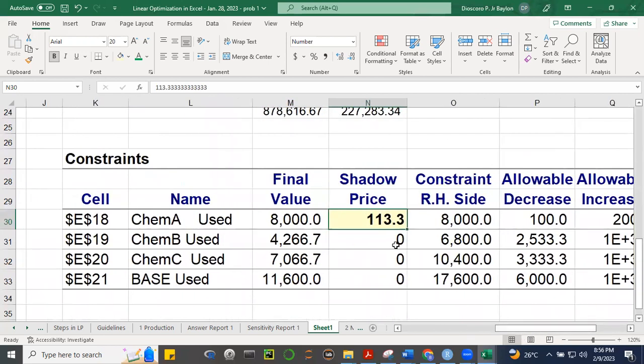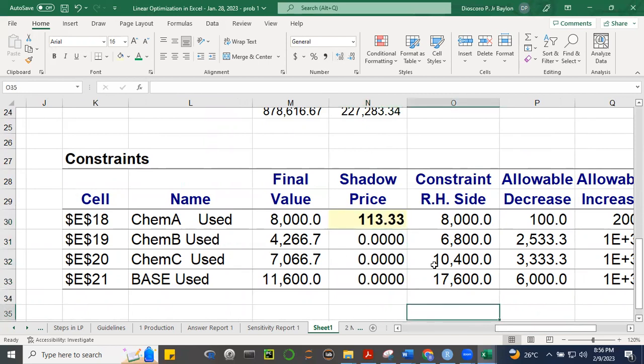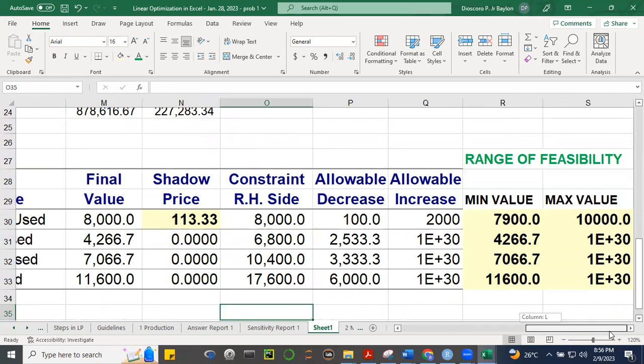So, ang may shadow price lang dito, lumalabas, if I increase the decimal place, yung chemical A. So, apparently, si chemical B, chemical C, and the base do not have any impact on the shadow price, no? Okay? Although may maximum and minimum value sila.